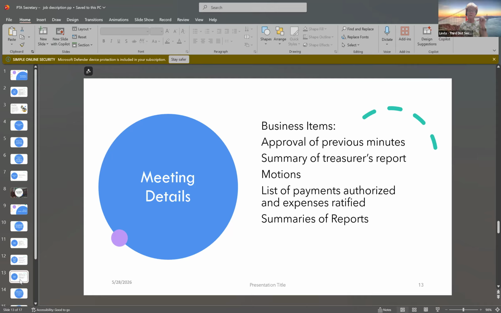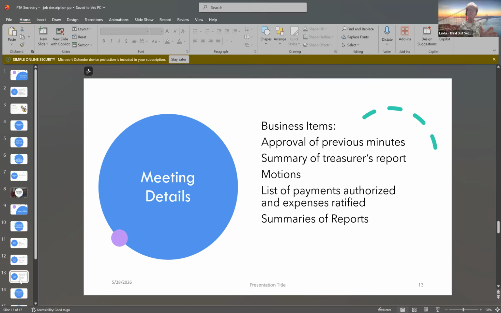And then usually, as a secretary, you'll do a quick summary of the chairman reports. So it might be Denise reported that the Scholastic Book Fair went very well. The library stated they made $1,200 from that.